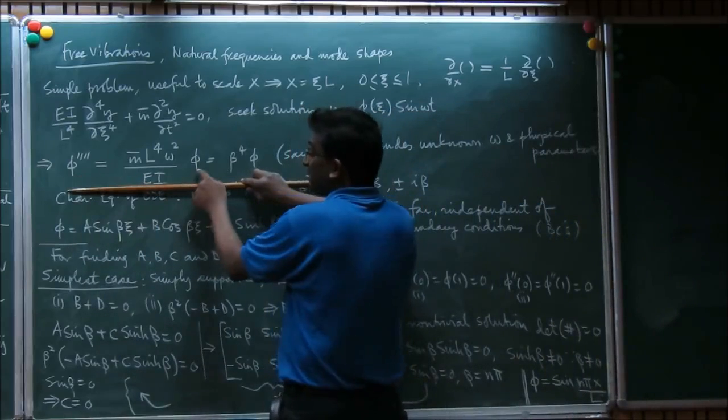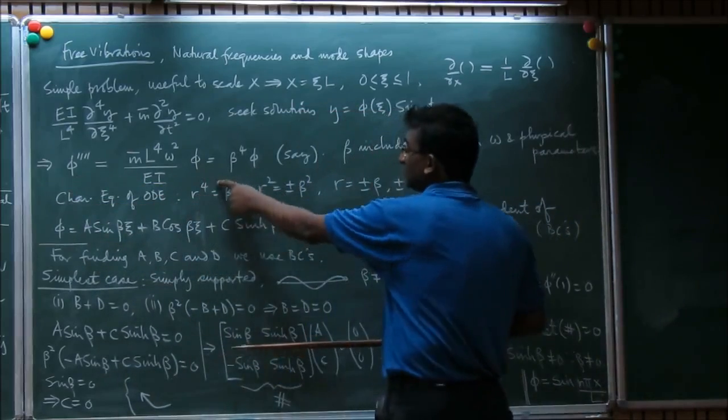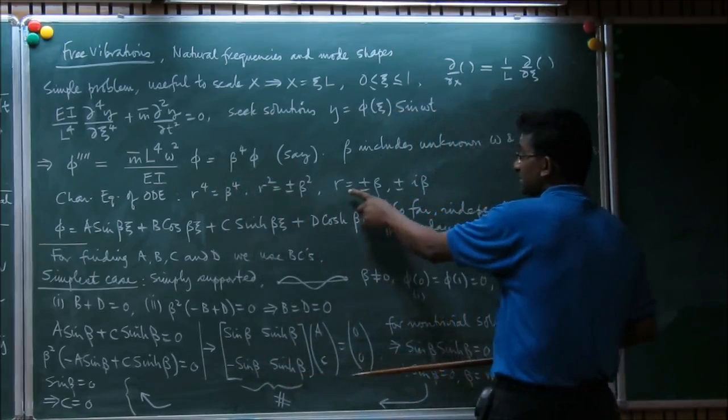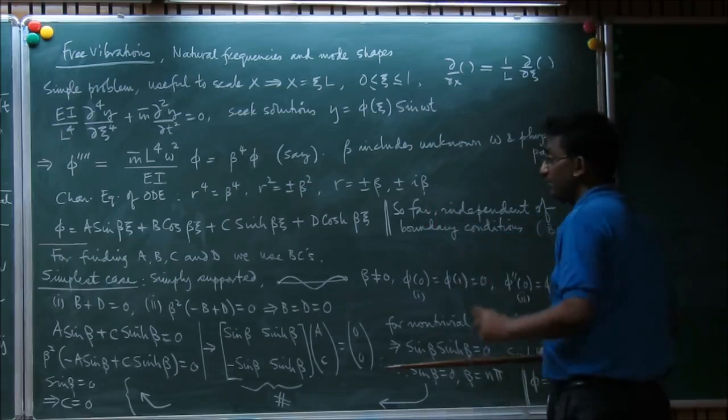This here now is an ordinary differential equation. So we write its characteristic equation. It's r⁴ is β⁴. That means r² is plus minus β². That means r is plus minus β as well as plus minus iβ.